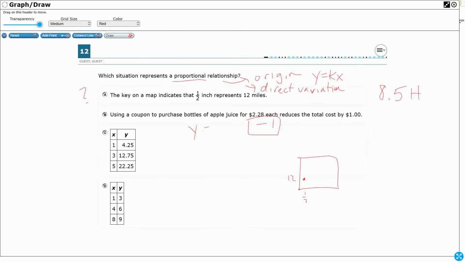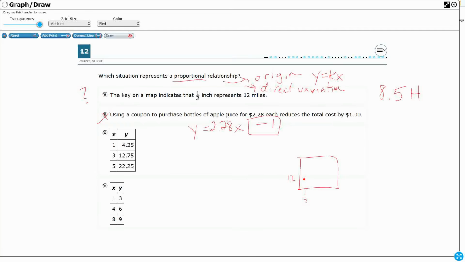We have some type of scale, so that's going to be the 2.28. It's going to be our cost per apple juice, and then we're subtracting 1 by using a coupon. But now we're in the y equals mx plus b. We still have that initial cost. We still have to pay something. You can't walk out not having paid anything. So that's not going to work.